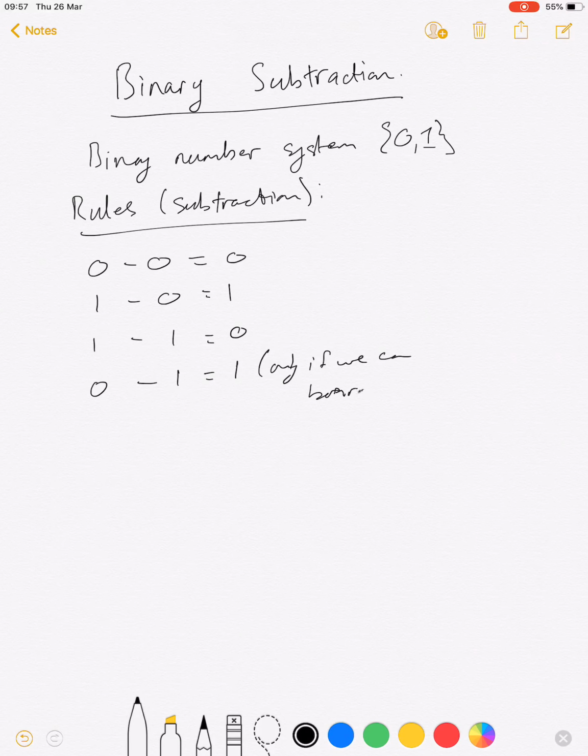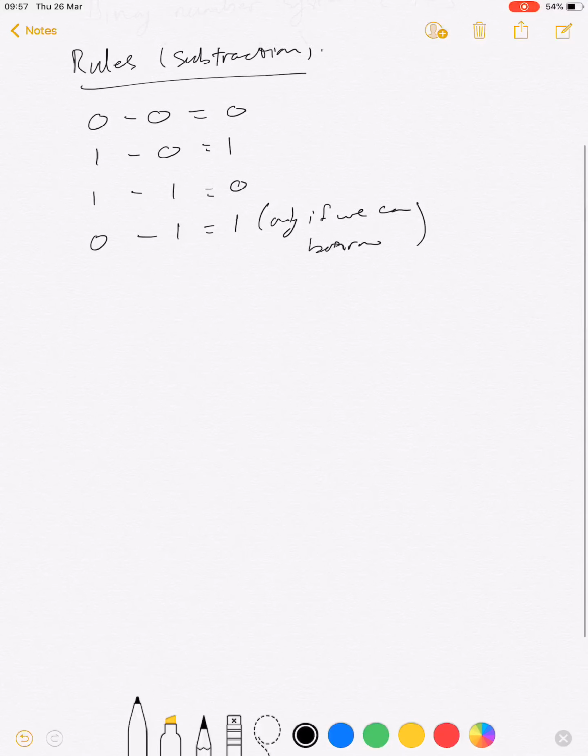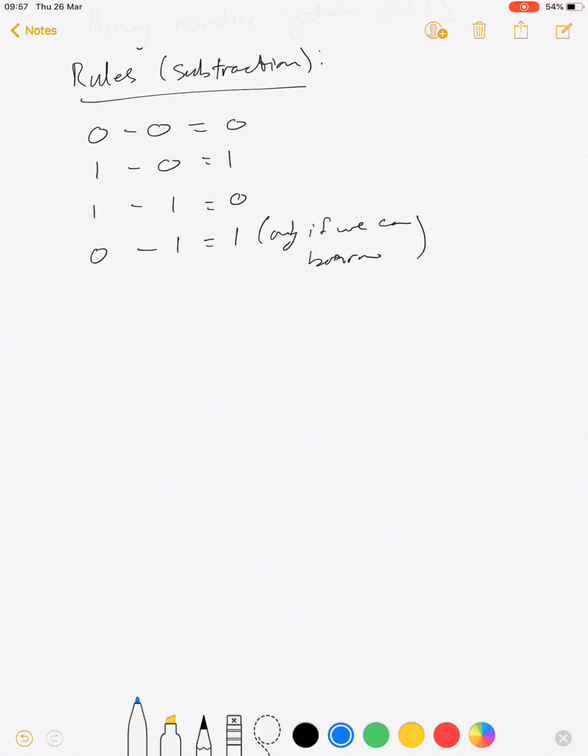We'll explain this in a minute. So these are essentially all the rules we have.